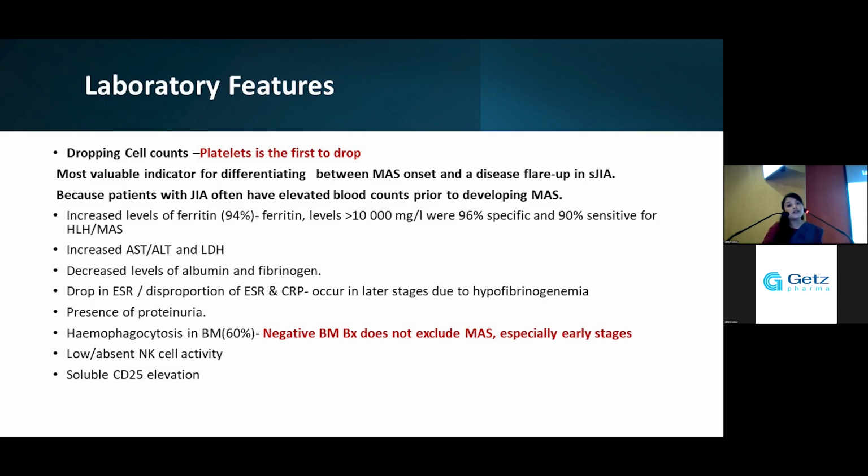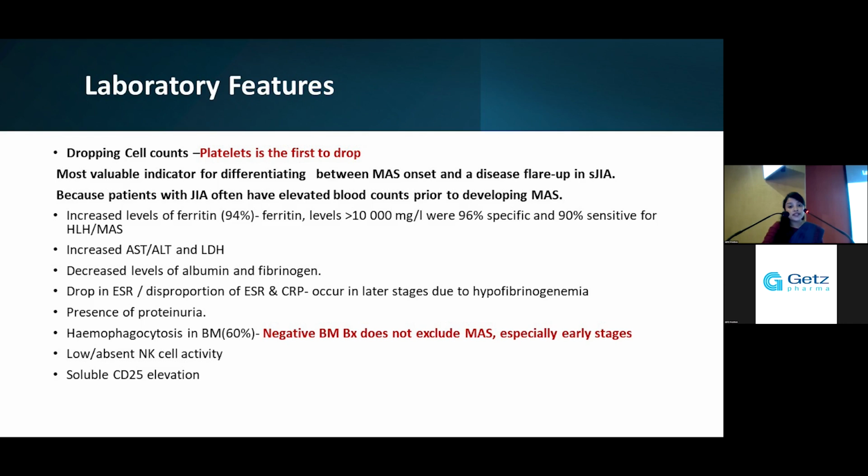Apart from that, increased ferritin levels, more than 10,000, are highly specific and sensitive for HLH and MAS. Elevated liver functions, LDH, low levels of albumin and fibrinogen, and a drop in ESR or disproportion of ESR and CRP are also important laboratory features.